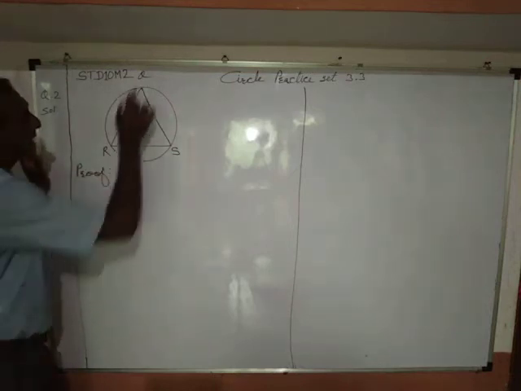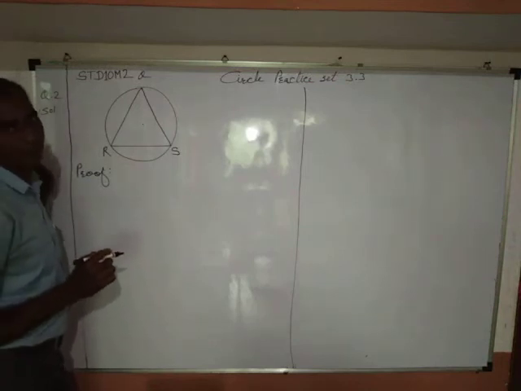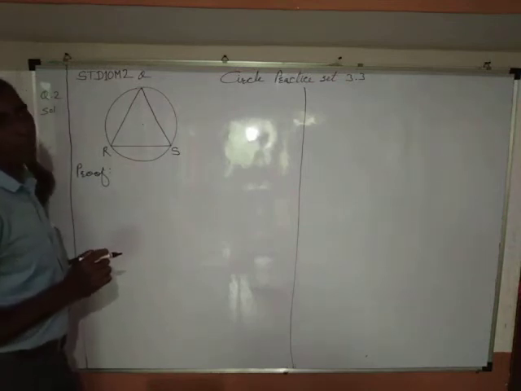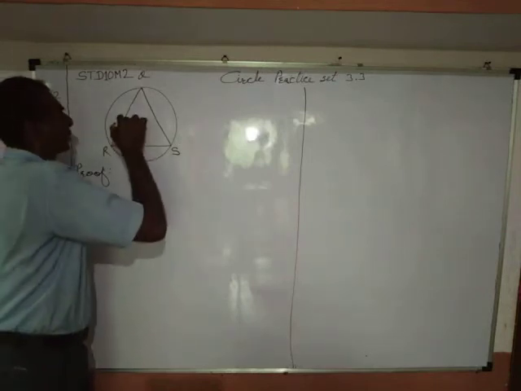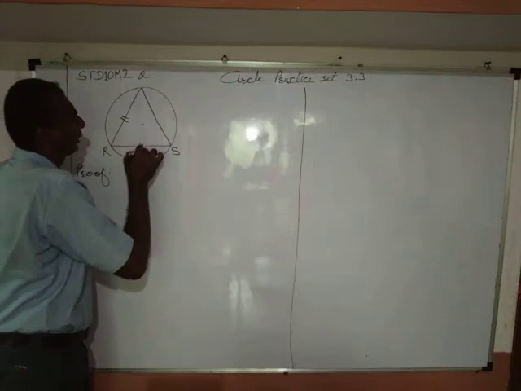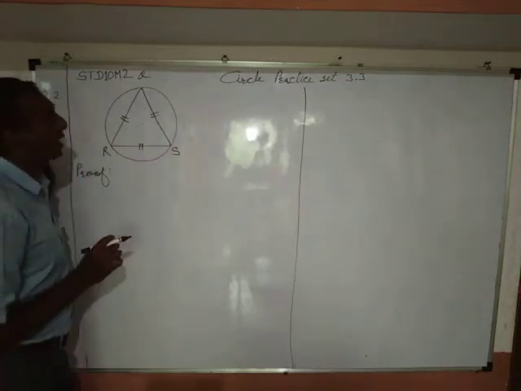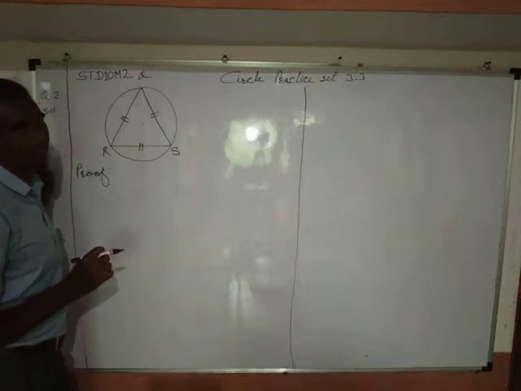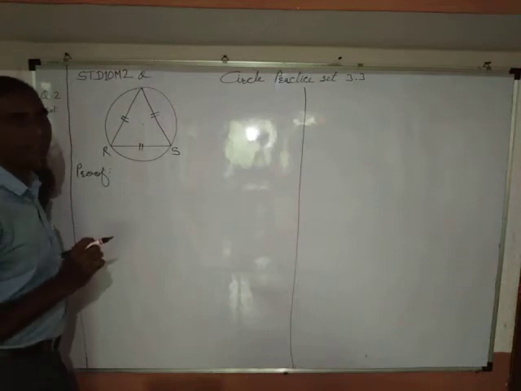Okay, here triangle QRS is an equilateral triangle. A triangle whose all sides are equal is called an equilateral triangle. That's why QR equals RS equals QS. These are the sides of triangle QRS, as well as these are chords of a circle.